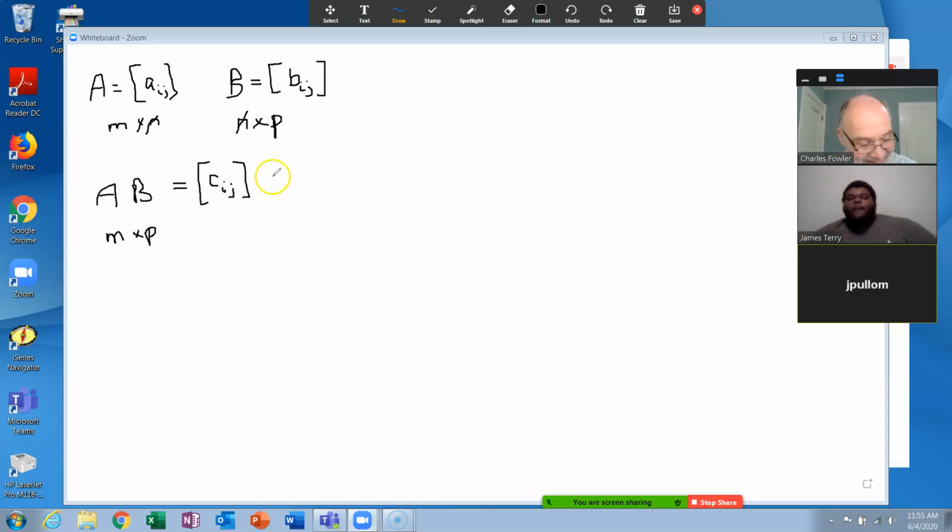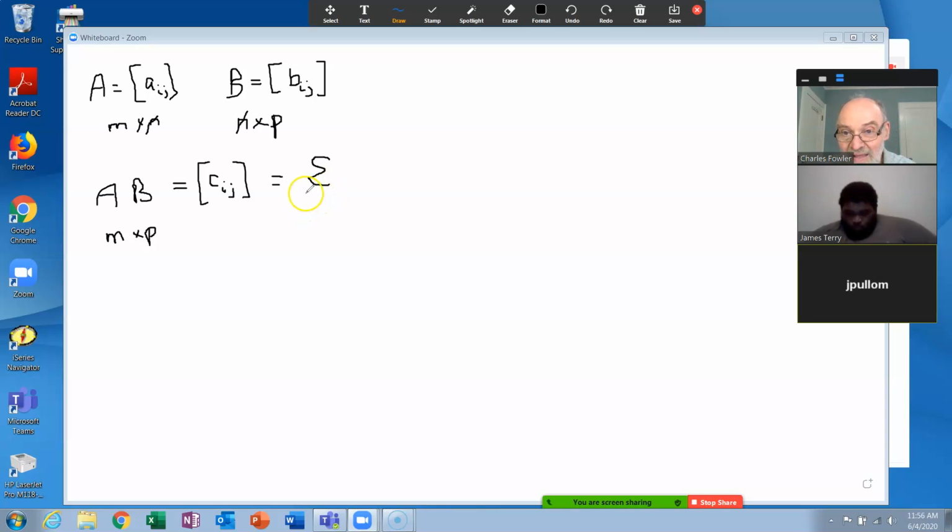If you lose the brackets there, which represent the entire matrix, and you're just talking about the element Cij, that's the summation of this. Now, this is a hairy way to write this.